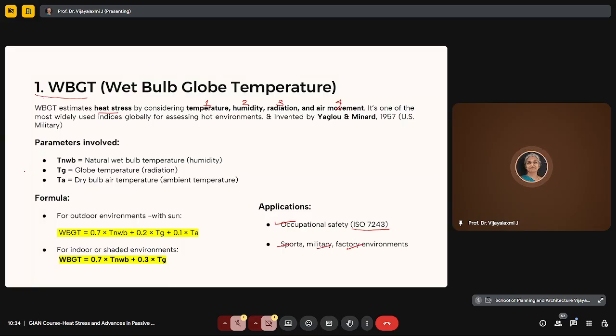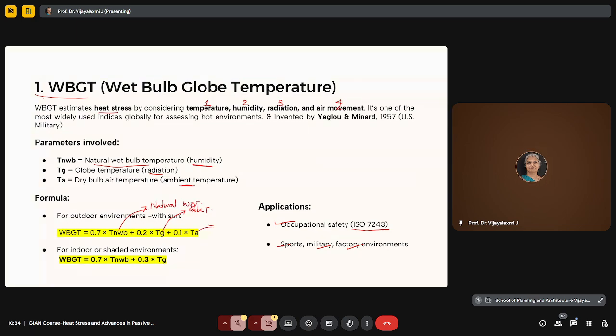So, what are the factors or parameters involved in this? Natural wet bulb temperature, which is the humidity, radiation component, ambient air temperature. And for this, a formula is given for how to compute the WBGT, because you can see it. This is the natural wet bulb temperature, which is the humidity, and then this is the globe temperature.